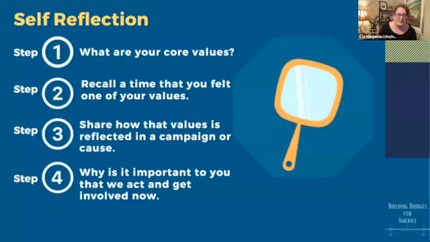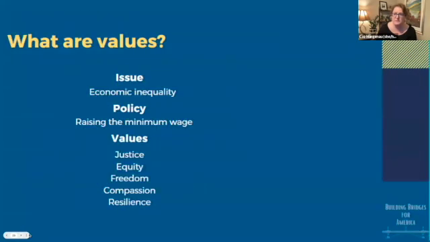You're going to be volunteering on campaigns or for the party. How do you see those values reflected in a campaign? And then ask people to come join you in what you are doing to help out that campaign and get involved. So we're going to go quickly through an example of going through these 4 steps.